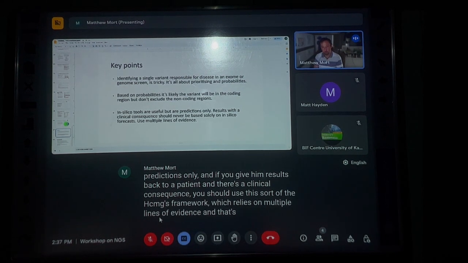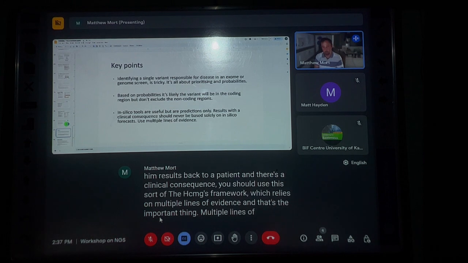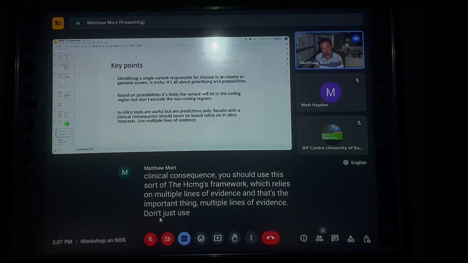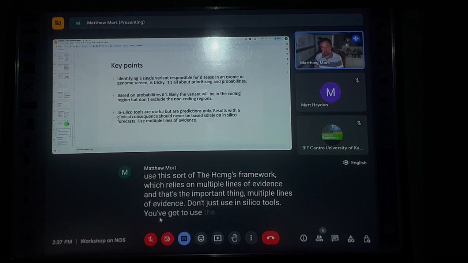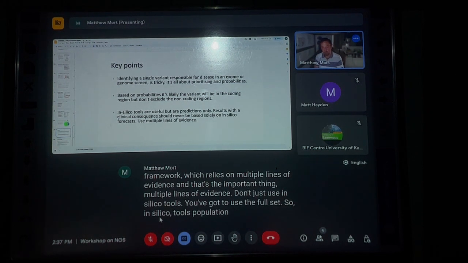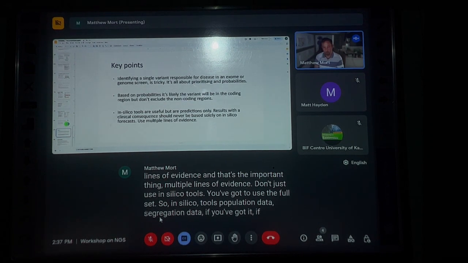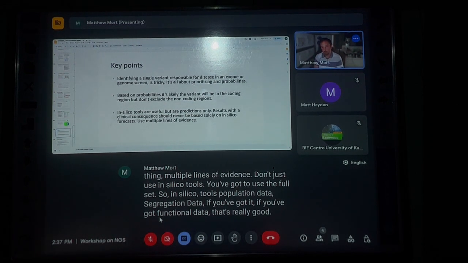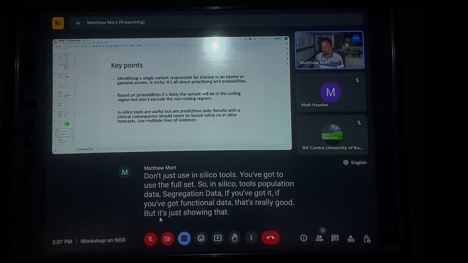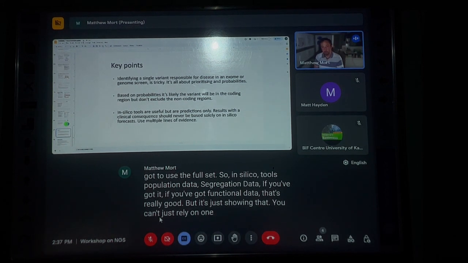That's the important thing: multiple lines of evidence. Don't just use in silico tools; you've got to use the full set. So in silico tools, population data, segregation data if you've got it, and functional data, which is really good. It's showing that you can't just rely on one thing.